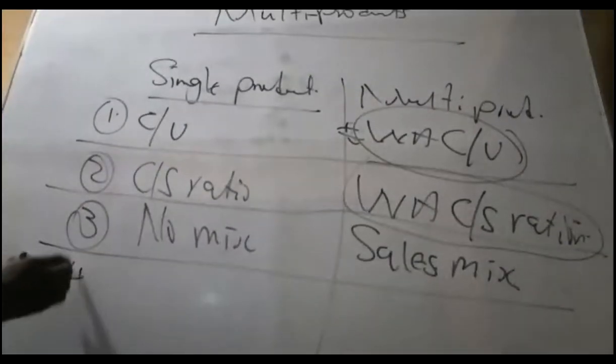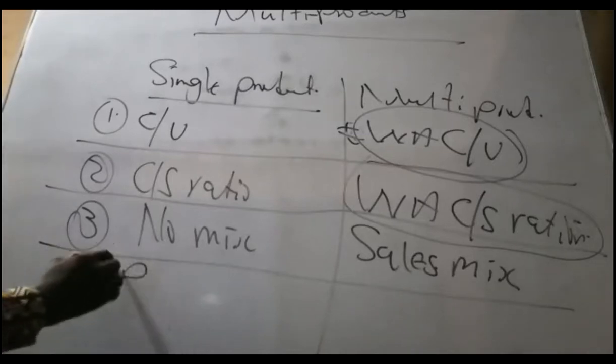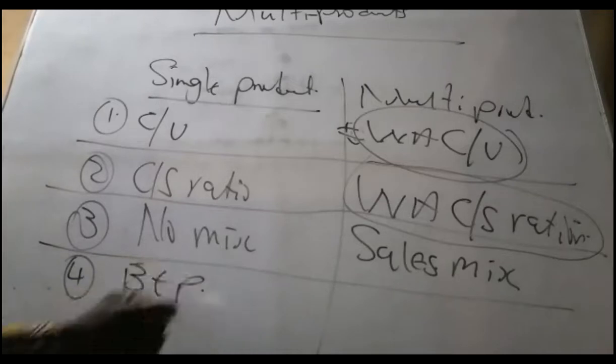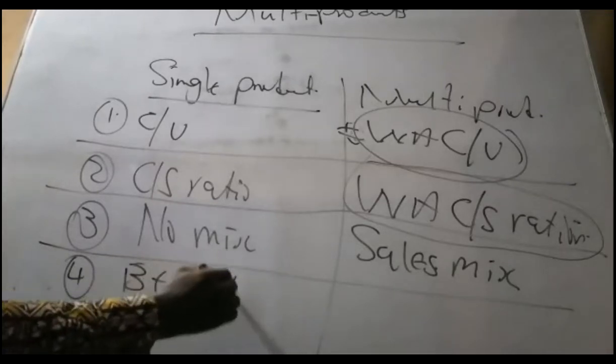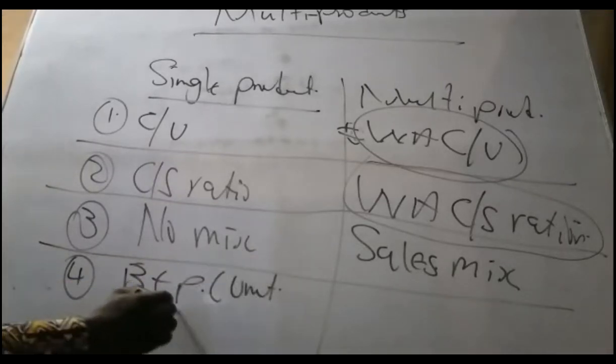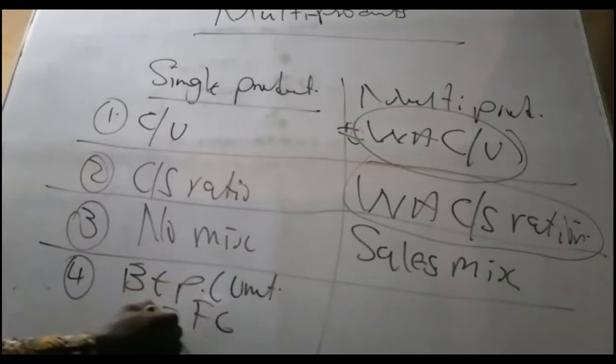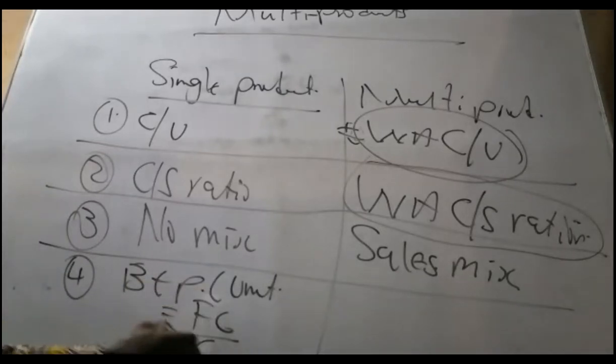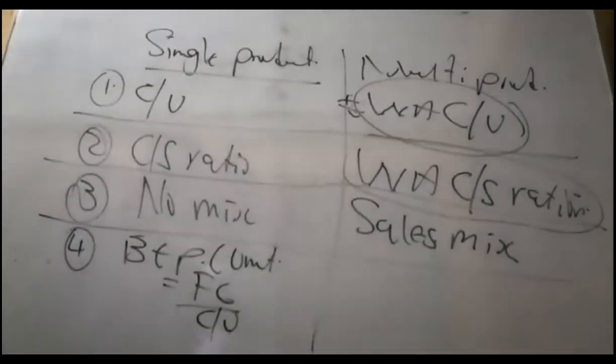Number four. If you talk about break-even point, we have in the bracket the unit, which is equal to fixed cost divided by contribution per unit. Agreed. Fixed cost over contribution per unit.